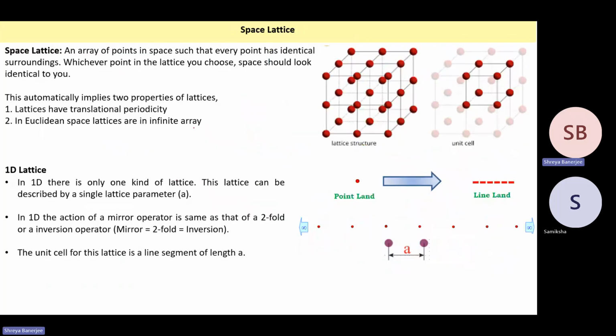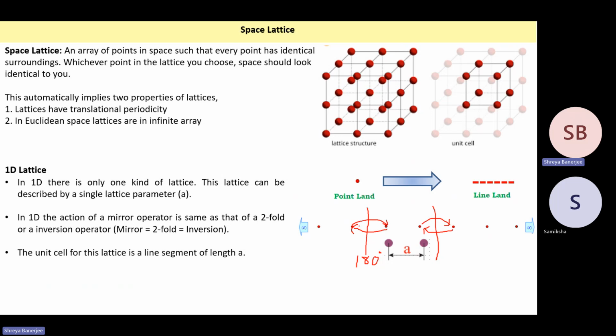In a one-dimensional lattice, you can imagine an axis passing through the middle of two points. Now, if you rotate by 180 degrees, this point will come here and this point will come here, but the lattice will remain the same. In that case, it is said to have a 180-degree rotational symmetry, because the two points just interchange their positions.